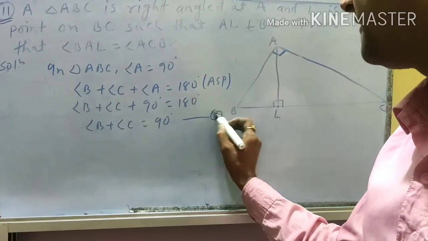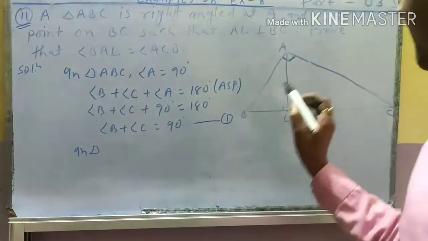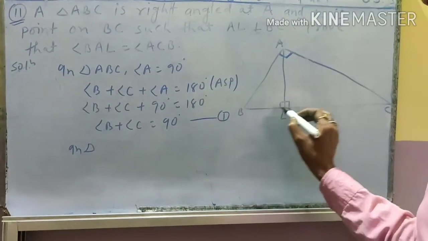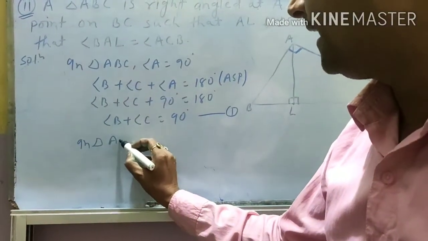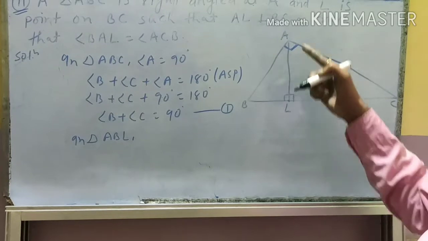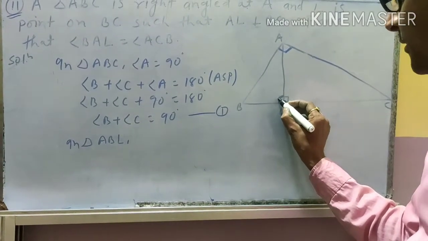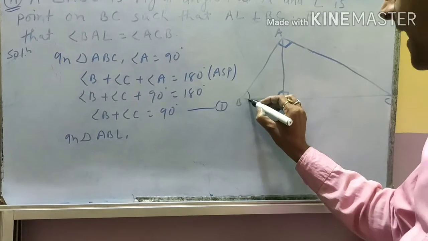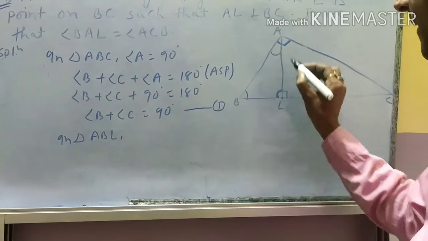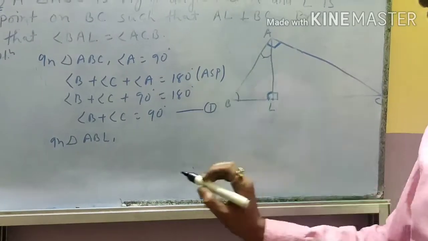This is equation first. Again students, in triangle ABL, AL is perpendicular, so this angle is 90 degrees. So here we can say this angle plus this angle plus this angle is equal to 180 degrees. This is also the angle sum property.